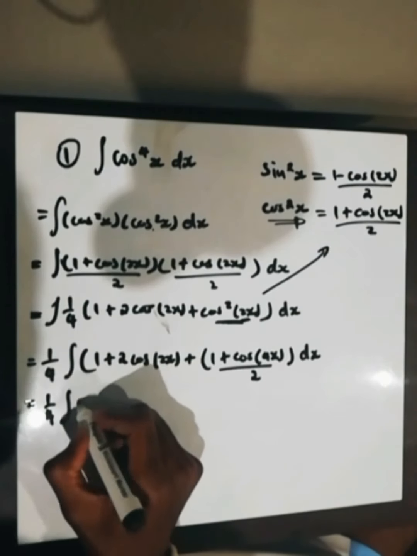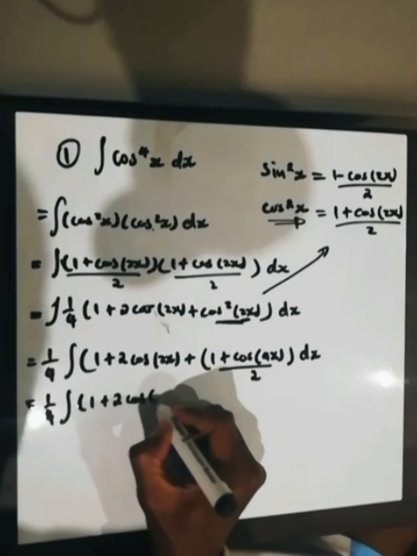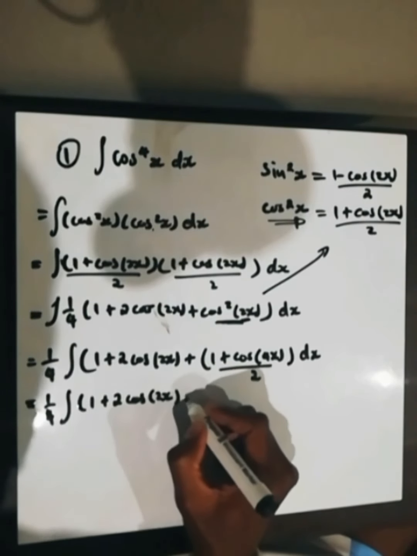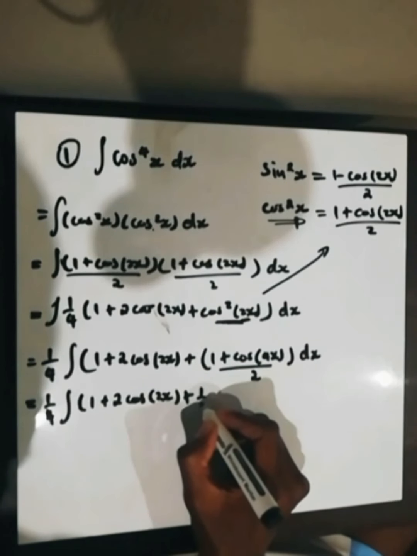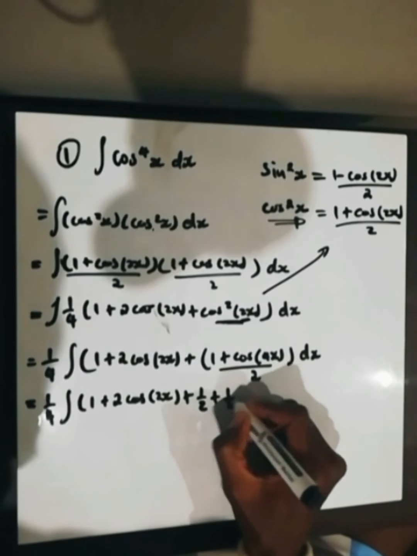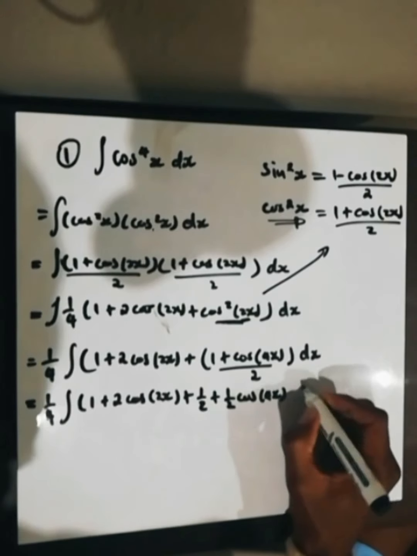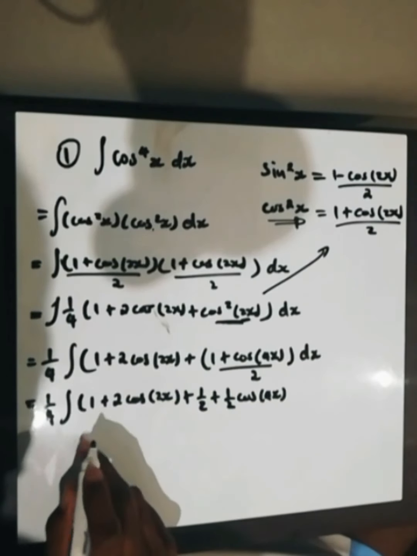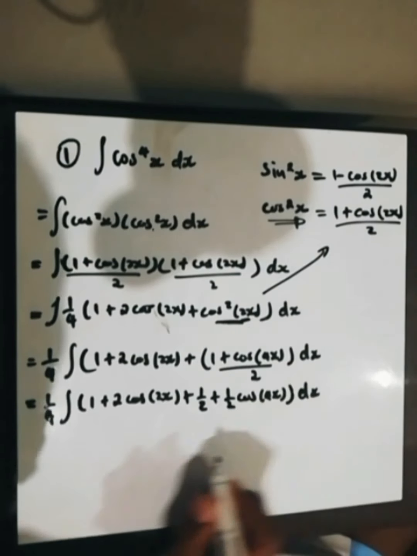Now let's simplify further. Inside we have 1 plus 2 cos of 2x plus, let's break all of this, we distribute that 1 over 2 plus 1 over 2 cos of 4x here. This is with respect to x again.